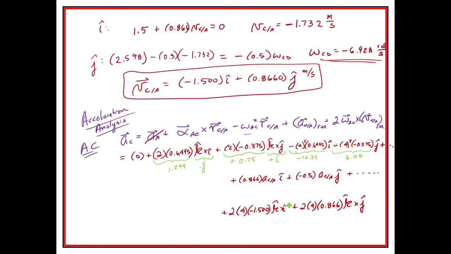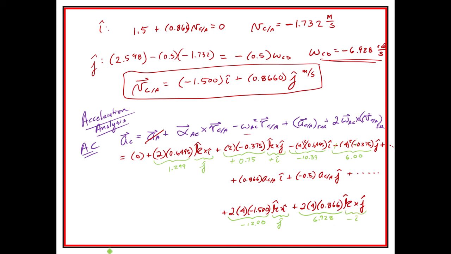And we don't need to do anything on this guy. Him right here, he's going to be a negative 12, and this is going to turn into a j, and this is going to be 6.928, and then this is going to be a negative i.